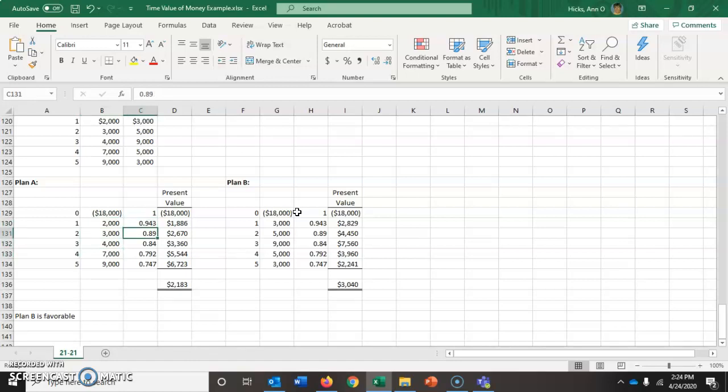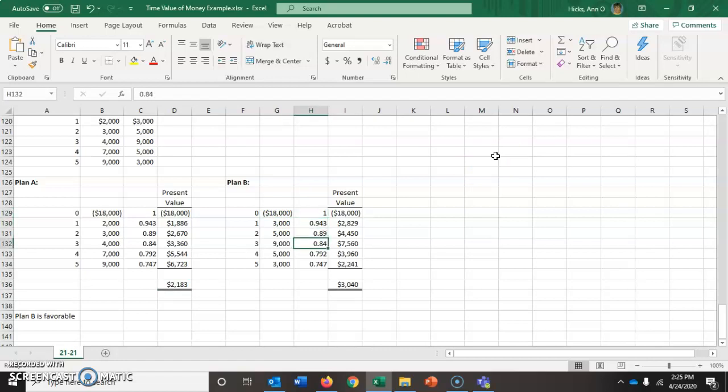This is present value of a lump sum. I found the factor for 6% and 1 year, 2 year, 3 year, 4 year, 5 year. And then I just multiplied the cash flow for that year times the factor. And at the end of 5 years, the net present value of the cash flows for Plan A is $2,183.